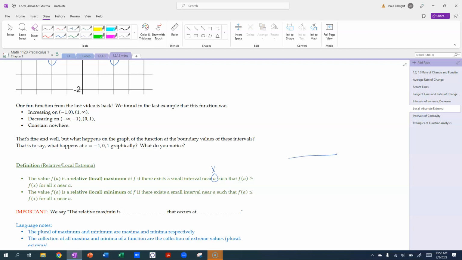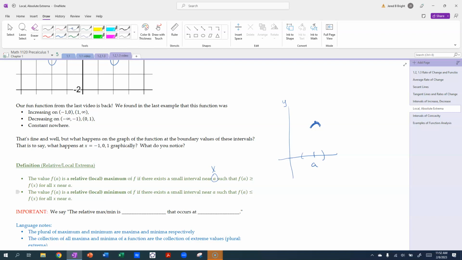So we're thinking on an interval around a, and if we think about the y value in there, it says such that f of a is bigger than anything nearby, right? So that everything else would be smaller than it. So that's why this definition is telling us, okay, we have a local max.